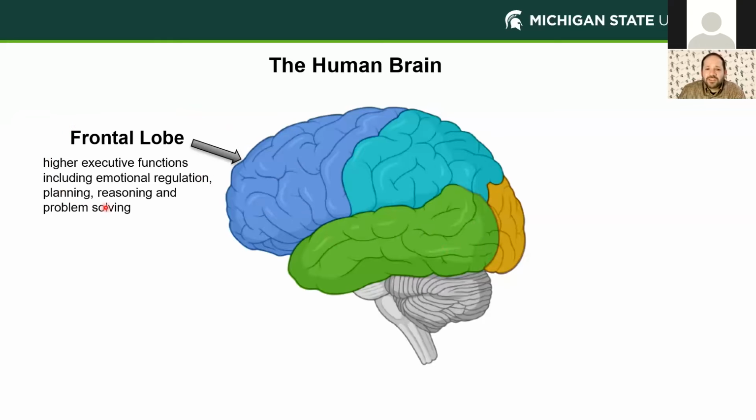The first region, and we refer to them as lobes, is the frontal lobe. It is the frontal lobe because it is the anterior part of the brain, what we have here in front of our head. We know that it contains regions and networks required for our executive function, meaning the regulation of emotion, planning, reasoning, and problem solving.